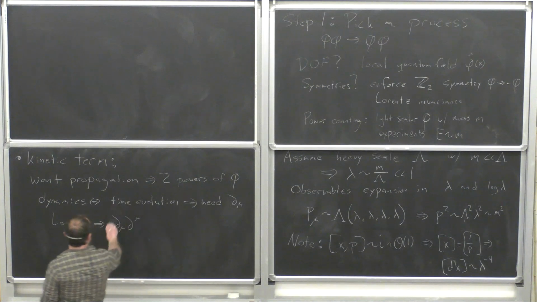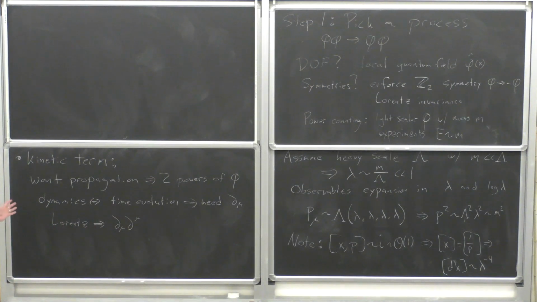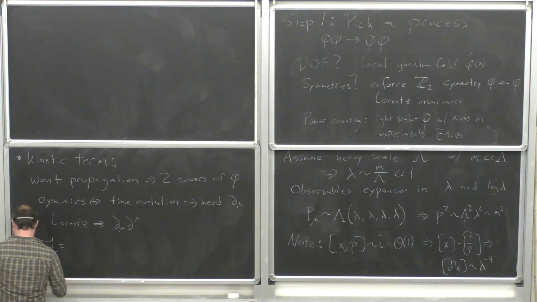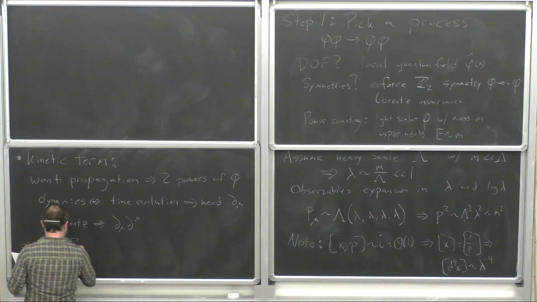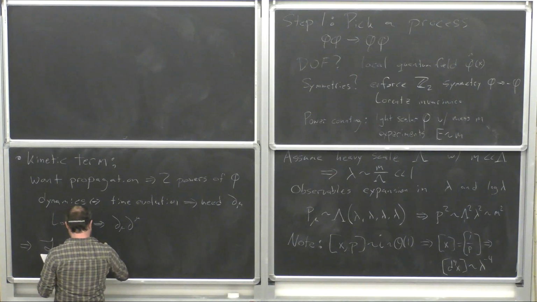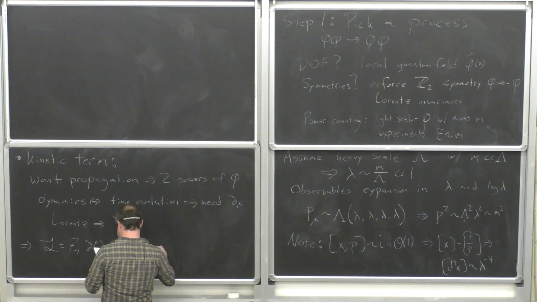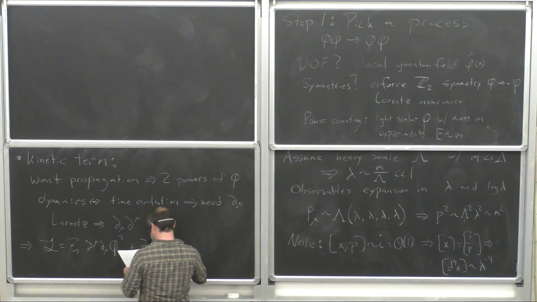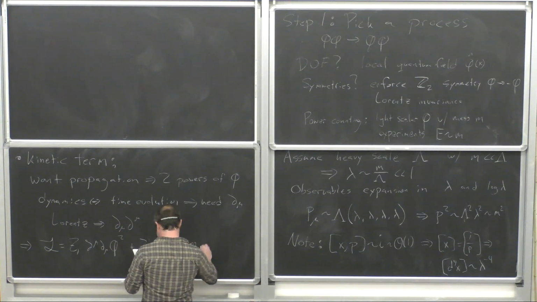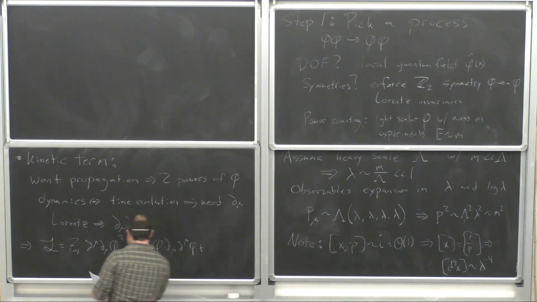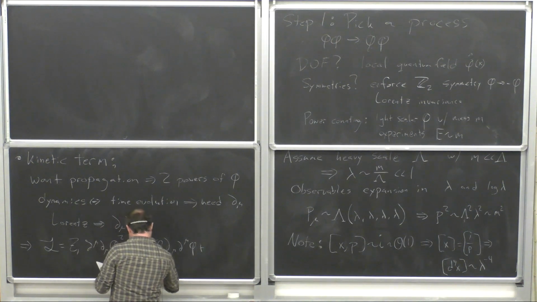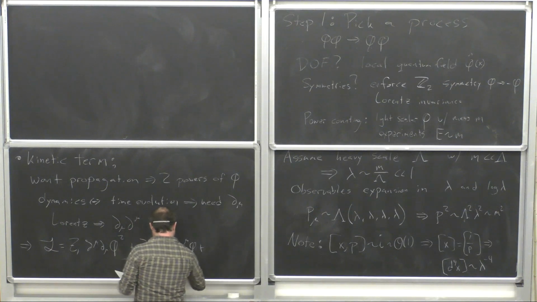All right, so that's it. I have 2 powers of phi. I have 2 derivatives. So let's write the most general Lagrangian we can. So we have some factor z1 d mu phi squared plus z2 phi d mu phi plus z3 d mu phi d mu phi.